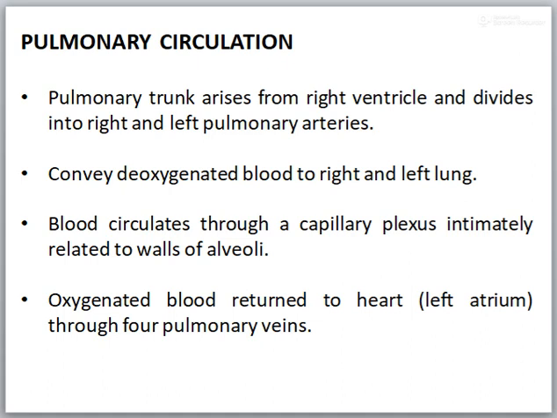The pulmonary trunk arises from the right ventricle and divides into right and left pulmonary arteries. These arteries carry deoxygenated blood to the right and left lung respectively.